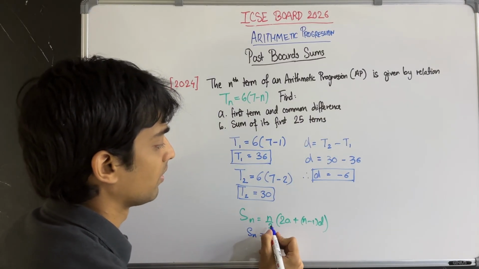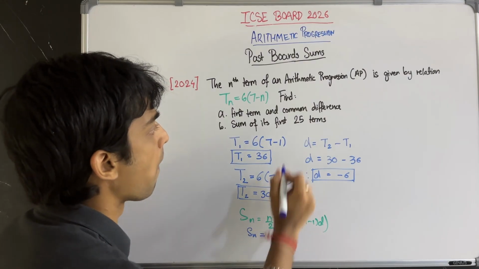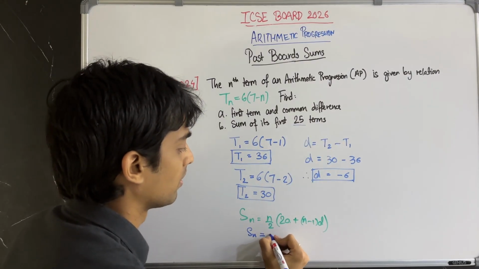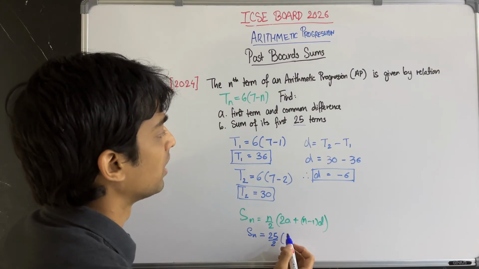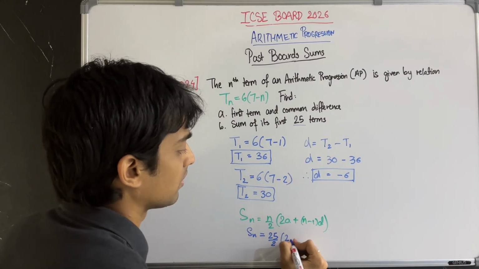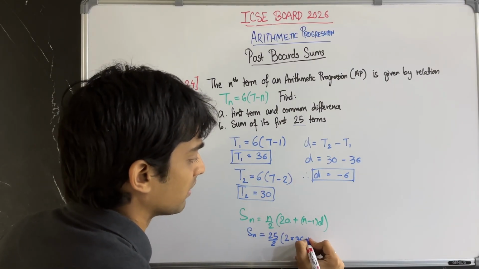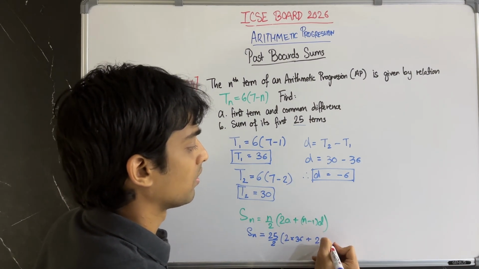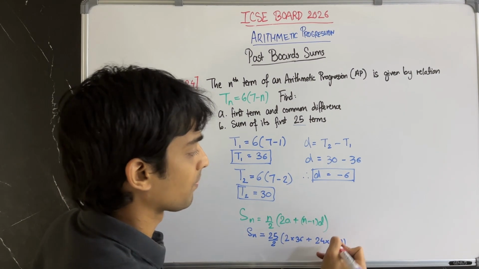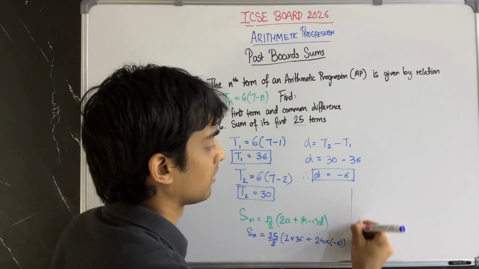Sn will be, n is 25, 25 by 2 (2a will be 2 multiplied by 36 plus (n minus 1), 24 into minus 6).